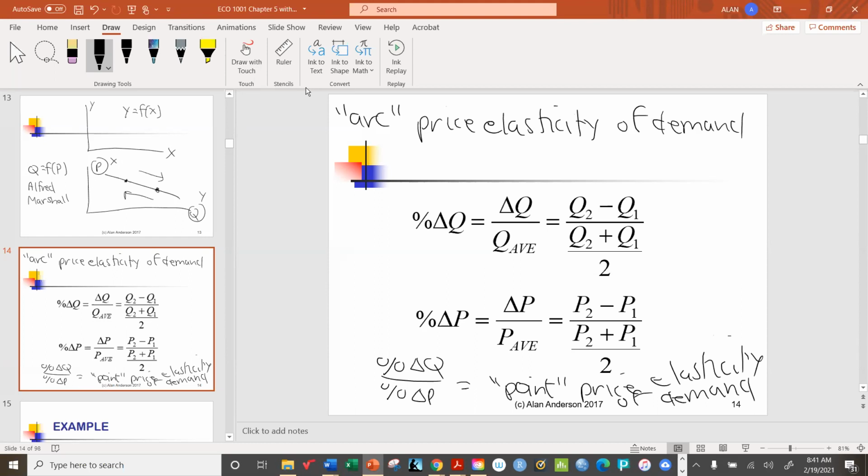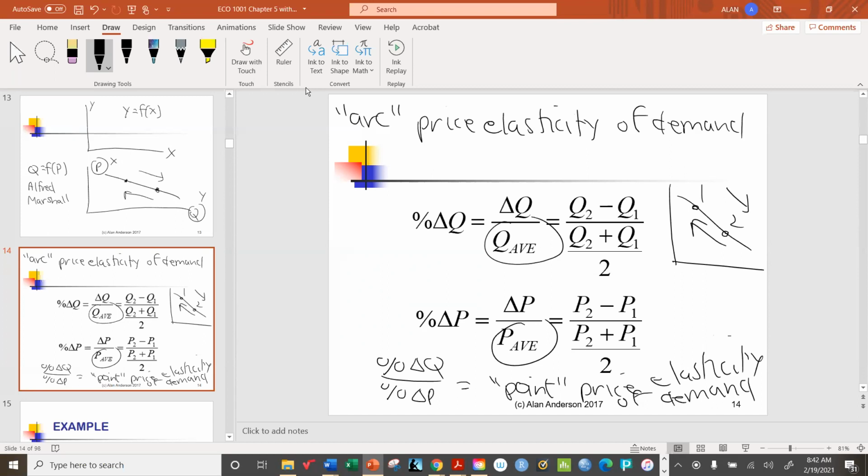The Q has been replaced by an average. And the same thing with the price. And this eliminates the problem that, and in fact, so when we do it this way, it'll be the same measure no matter which direction we go in. And that's why it's often used instead of the point price elasticity of demand. If this difference between the 2 points is small, these two measures will give us a very similar answer anyway.